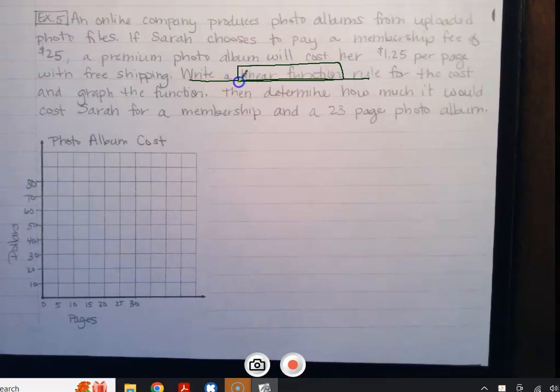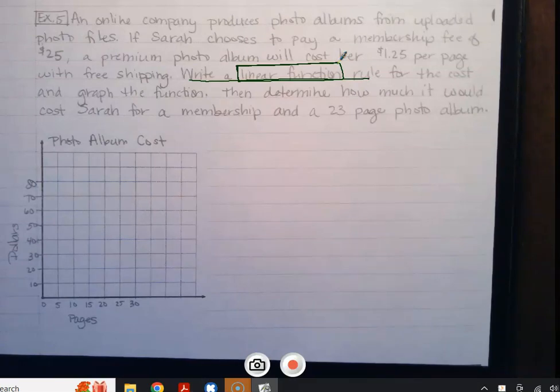This is a huge clue that it's going to be set up in a line. And an equation for a line is y equals mx plus b. This is not a quadratic function. It's a linear function. That's a line.